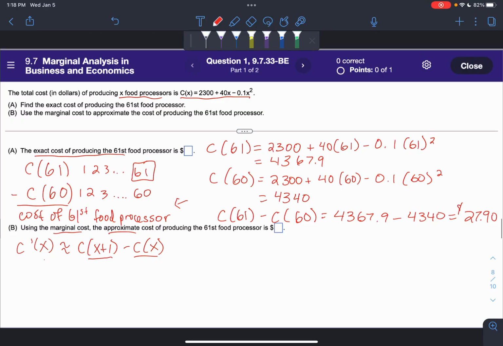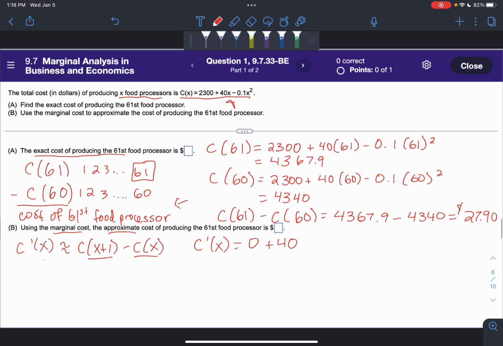All right, so first let's find C prime of x. So looking back at our cost function, 2300 is a constant, so its derivative will be 0. That 40x, that's a linear term, so I'm just going to take that 40 along.